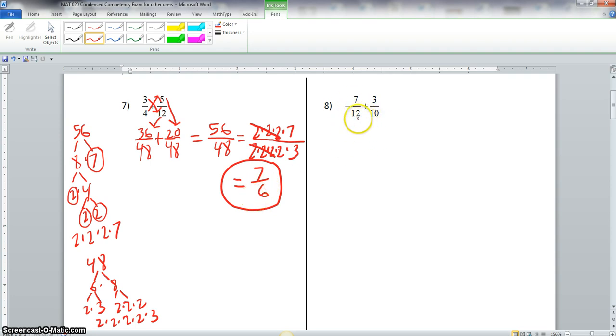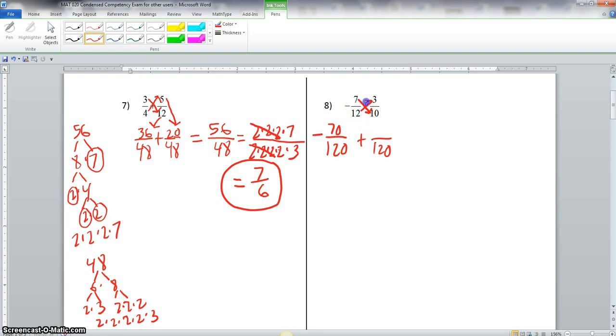We multiply these denominators. 12 times 10 we know is 120. So our new denominator would be 120. Now we know this first fraction here still will be negative. Now we do our multiplication. 7 times 10, which gives us 70, will be the first numerator.